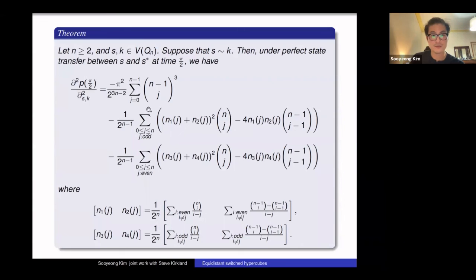And as you see here, each expression has a negative sign, which means this second derivative is negative anyway. What we have left now is to compute the second derivative of the fidelity with respect to the edge weight for Q tilde n. That thing is way more tricky.